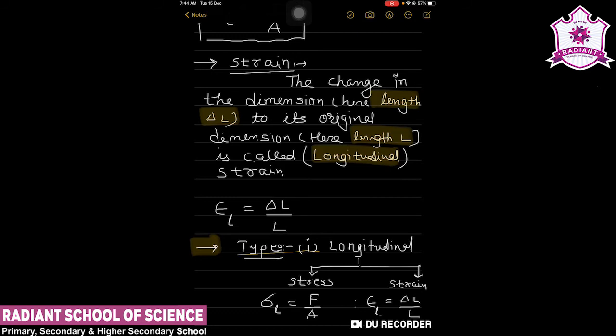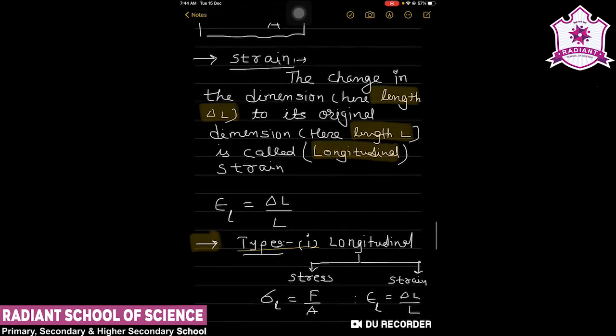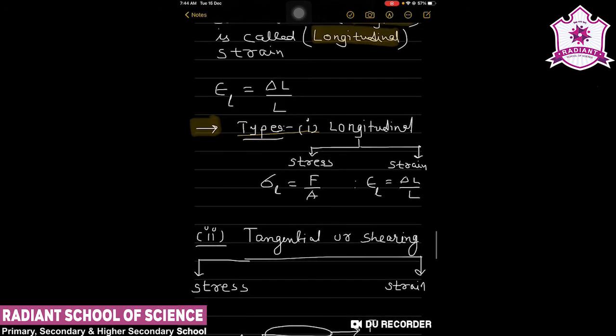So here longitudinal strain is termed as epsilon L is equal to delta L upon L. Here it is very clear that delta L and L are both the same dimension, that is length to length, or the ratio of length to length, and therefore we can say here that this is dimensionless. So longitudinal strain or a strain is dimensionless and unitless. Now we move further.